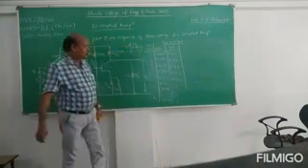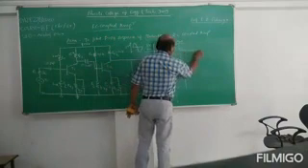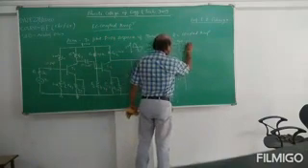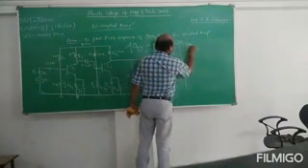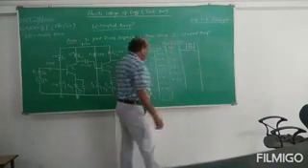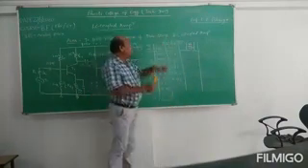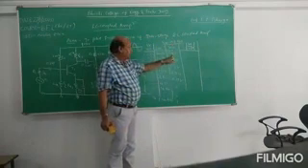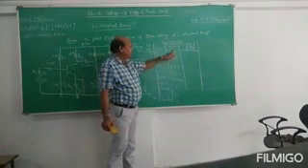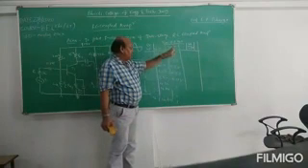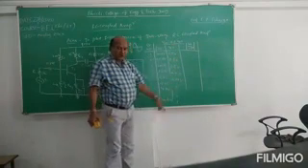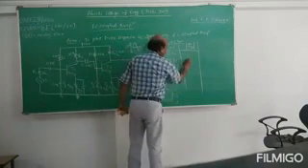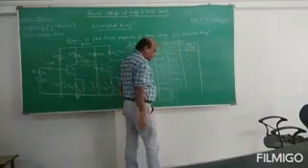Then in the next column, calculate the magnitude of output upon input voltage: 0.3 upon 0.5, 0.5 upon 0.5, 0.6 upon 0.5, and so on.